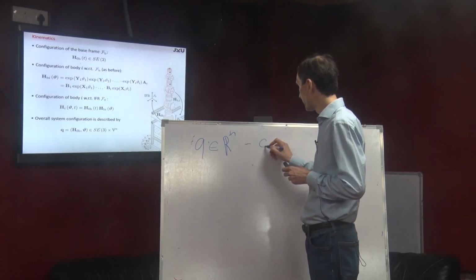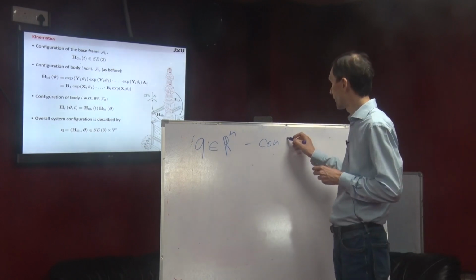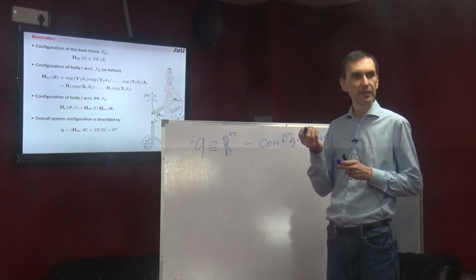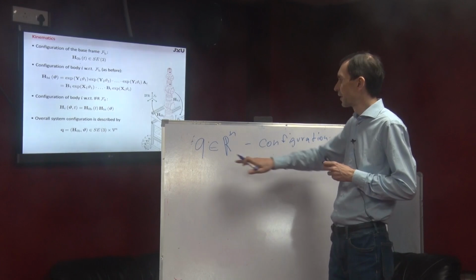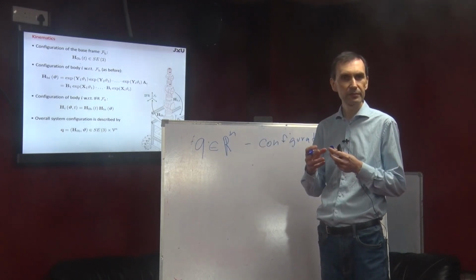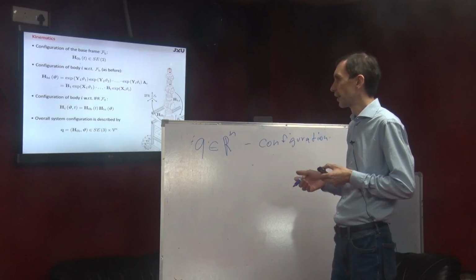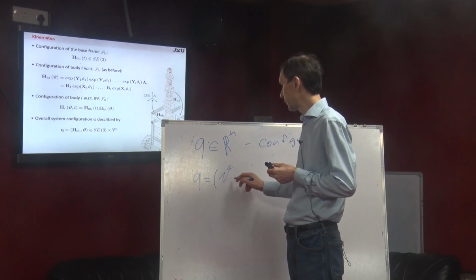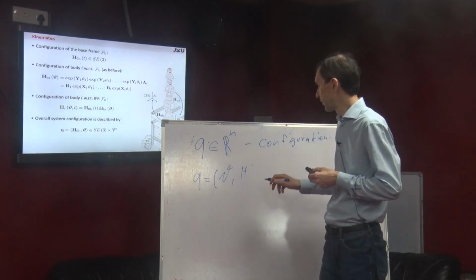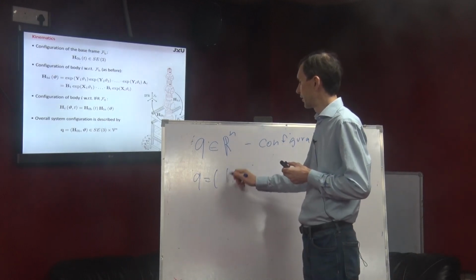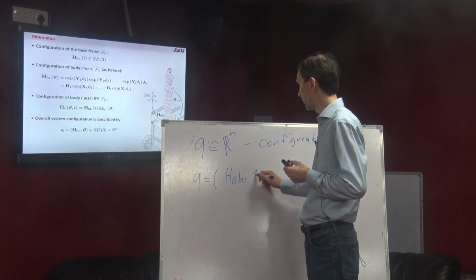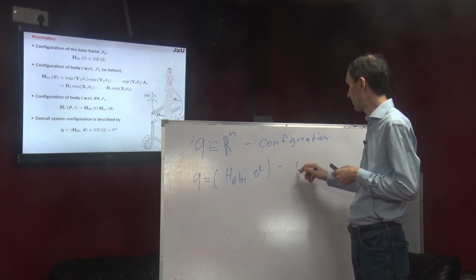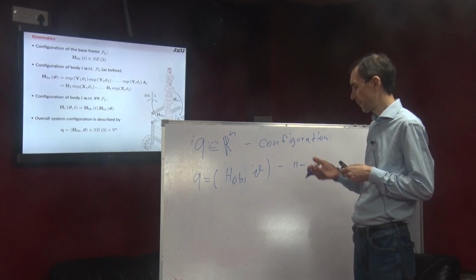This is normally called the generalized coordinates, or the configuration of the system, because once you specify Q, the system pose, the configuration, is uniquely determined. Now we do a bit of an extra thing, because now our Q is the joint angles vector theta plus, or the other way around, this H0B. And that's again our configuration, right?